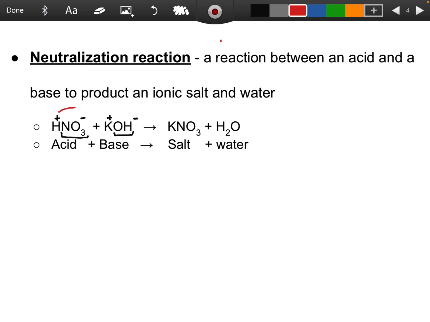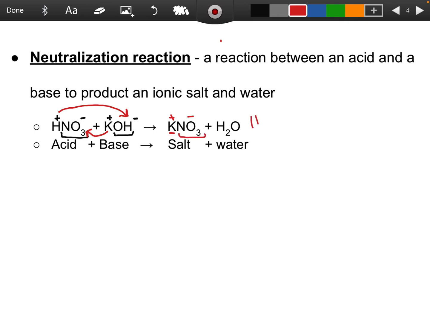Basically, the positive ion from the first compound will pair with the negative ion from the second compound, and then the other positive ion and the other negative ion will combine. That's where you get your KNO3. K is +1 and NO3 is -1.